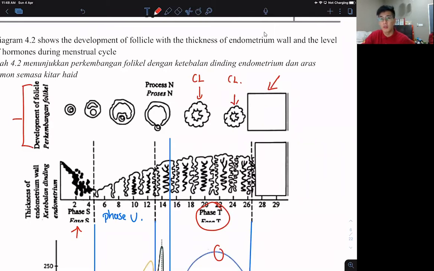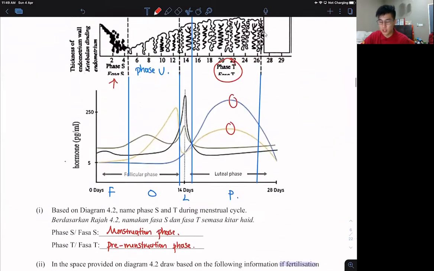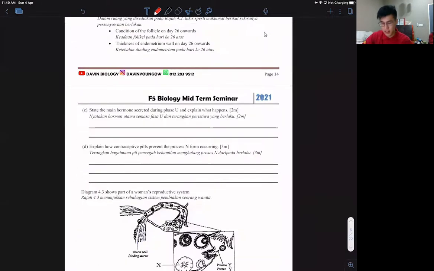Will it still be there? Yes, it continues to develop, meaning it will remain. Just draw the same thing, like a cloud bunch, a popcorn like that. Next one. Thickness of endometrium wall on day 26. If there is pregnancy, remember, the corpus luteum remains, progesterone continues to be secreted, so it will go straight. Remain. Yes, correct.